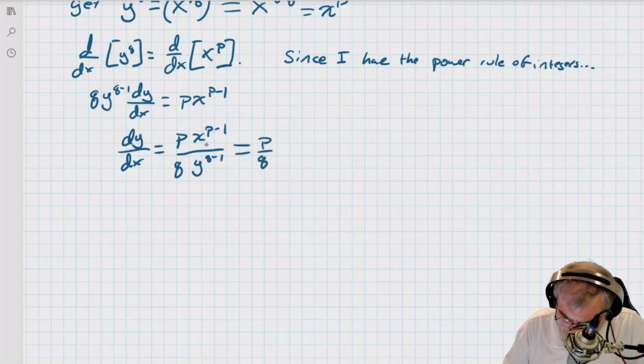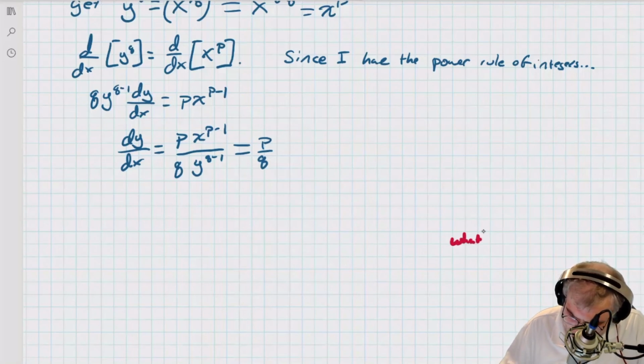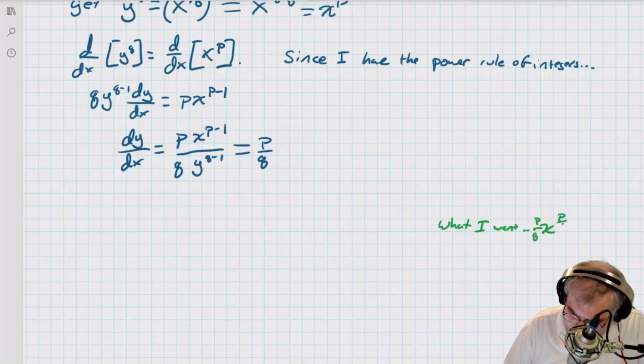Right? So this is going to become x to the p minus 1 over q y to the q minus 1. And in the end, what I want is x, it should be red, x, p over q, which I have, x to the p over q minus 1.